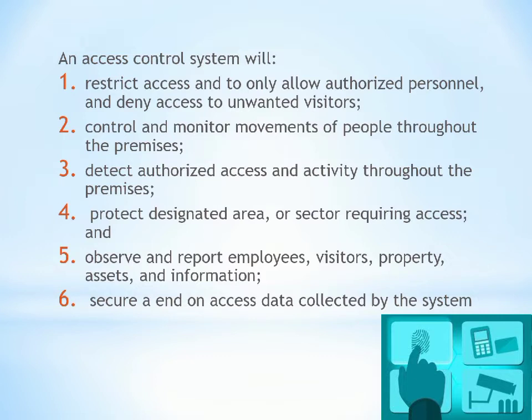Fourth, protect designated areas or sectors requiring access. Fifth, observe and report employees, visitors, property, assets, and information. And the last is secure and own access data collected by the system.